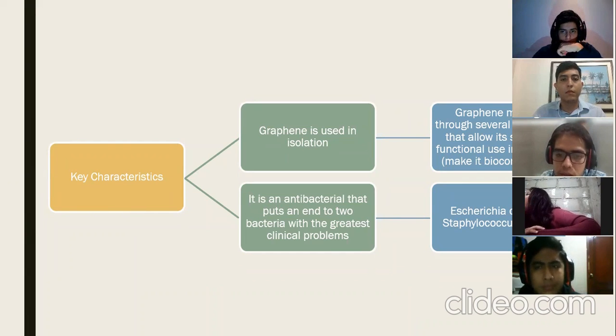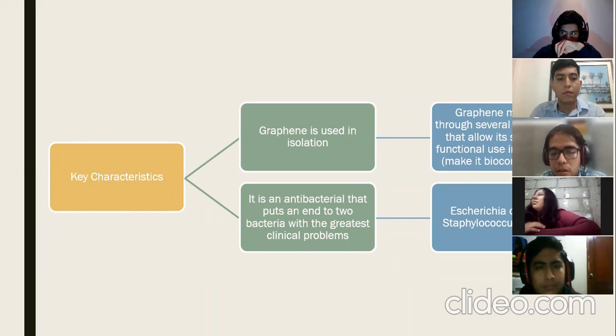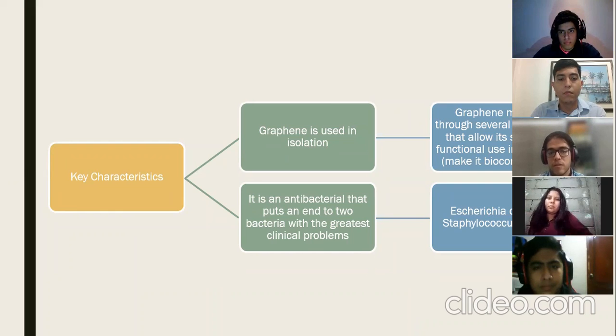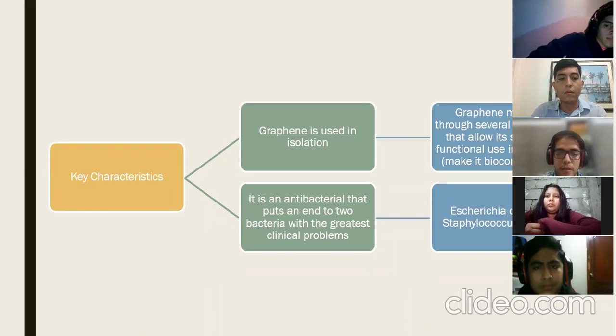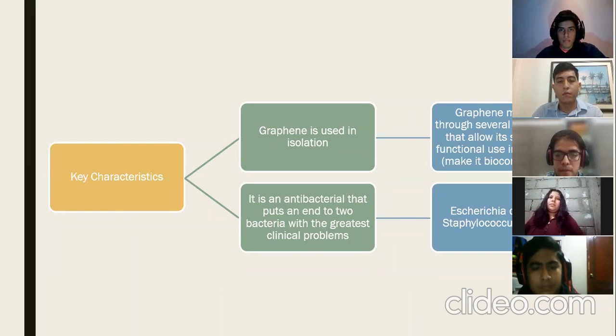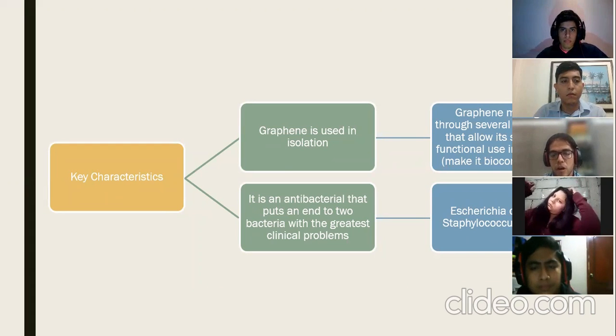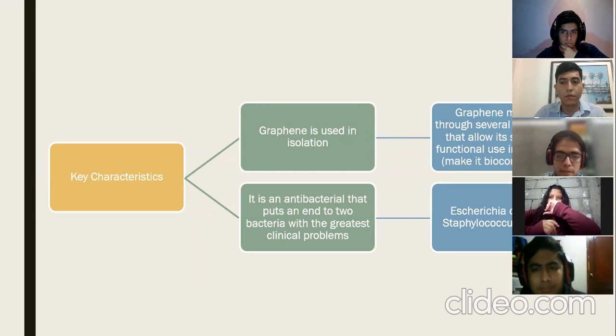Graphene is used in isolation, but it must go through several processes that allow its safe and functional use in the body. This consists of its transformation into pegylated graphene oxide, and the subsequent addition of drugs, such as desoxyribosine in the center of the molecule, radiolabeling with 125I, and adding antigen-antibody complex-style ligands on the surface.